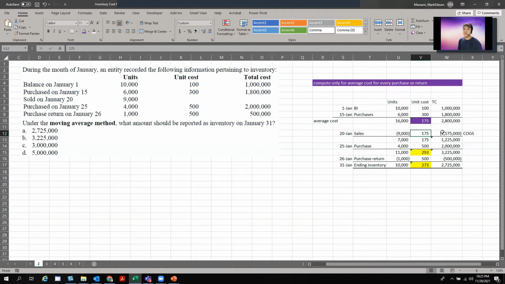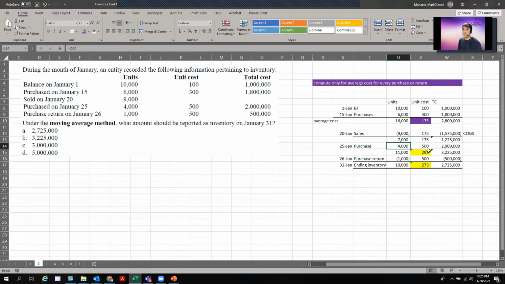So magkano lang yung natirang units natin, or this is the units available for sale, 16,000 less 9,000 na nabenta. So we have remaining inventory on hand na 7,000 units. At 175, so that would be 1,225,000.